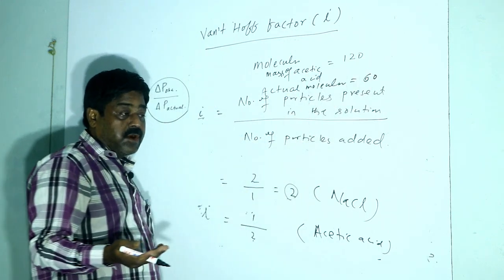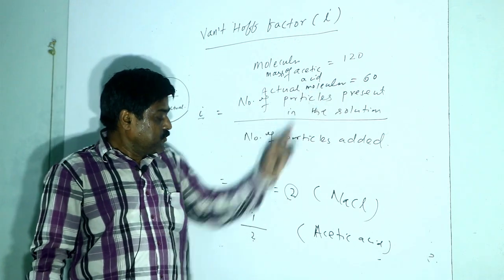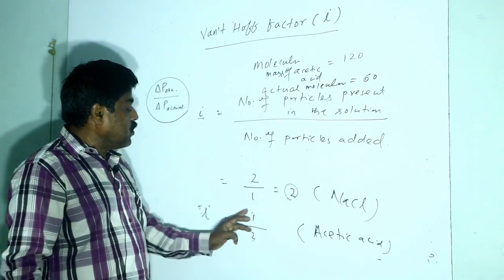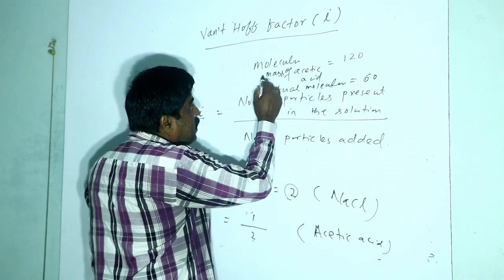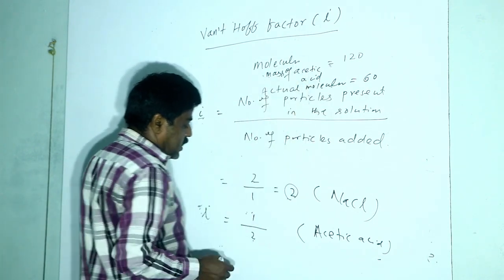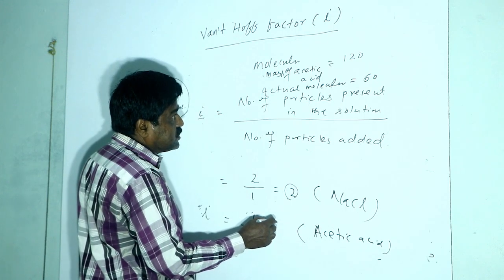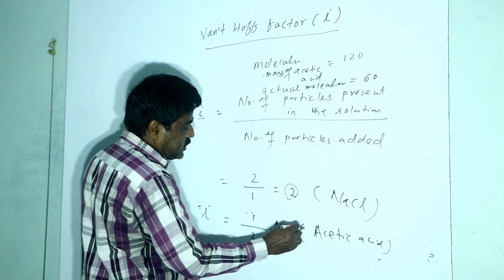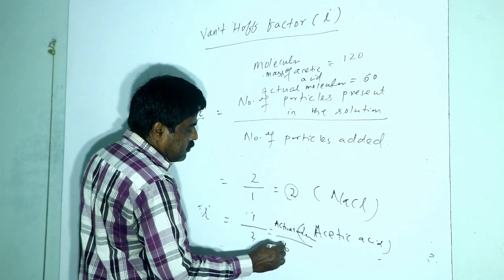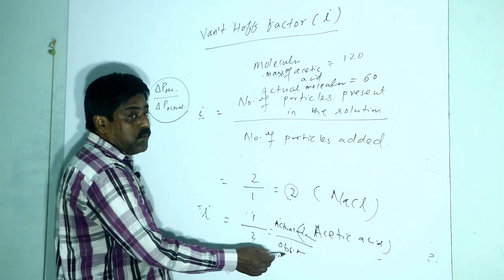So what you observe here is half. i is equal to 1 by 2, meaning actual molecular mass by observed molecular mass, 60 by 120.